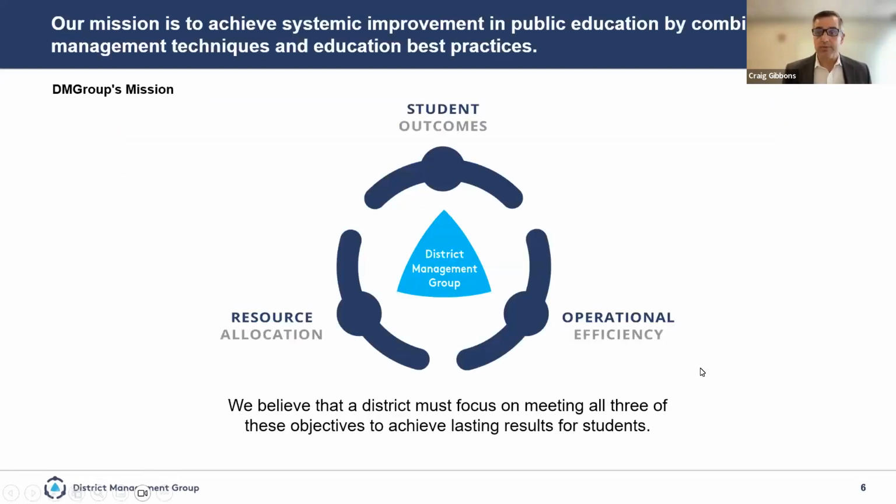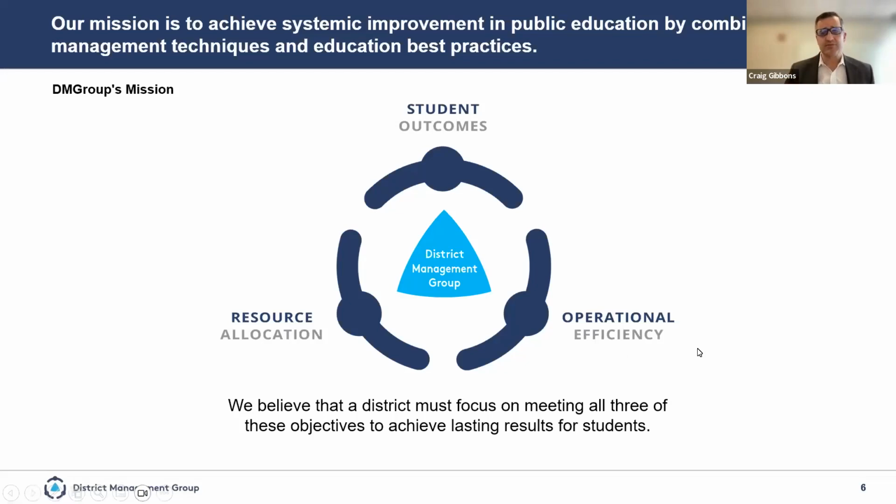So who we are. We've been around for almost 20 years, 19 years to be specific. Throughout that, we have been really focused on how to help public education, or really education systems across the country, achieve continued improvement by combining management best practices with education best practices. We believe those two things working together can have quite an impact on public education.